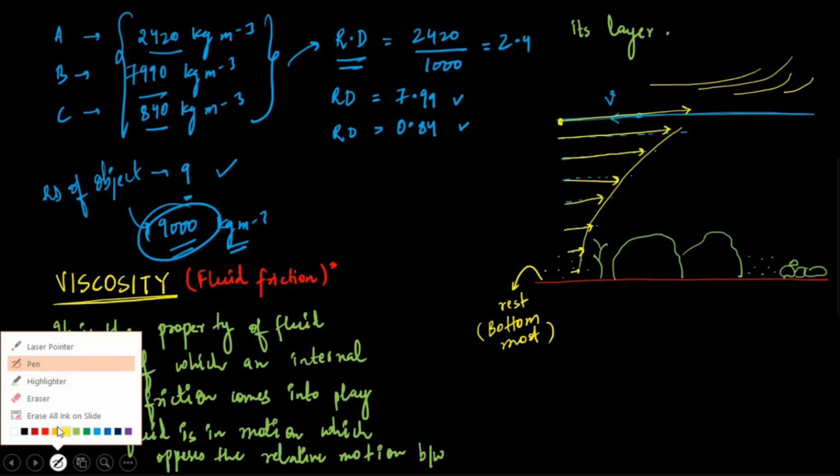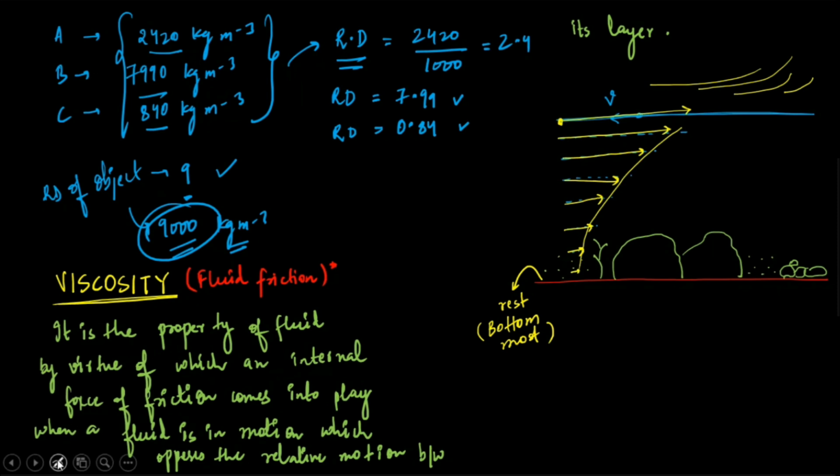Every layer inside a liquid tries to oppose the motion of the upward layer or the layer in contact. This is how nature works. This is how we generally observe ocean currents and all. Majorly, waves are created due to those high speed breezes that flow over the ocean.